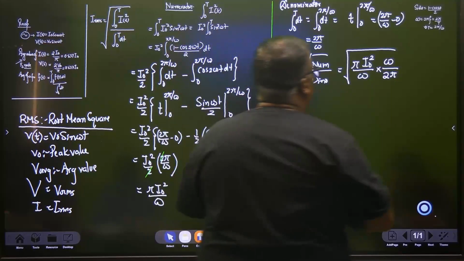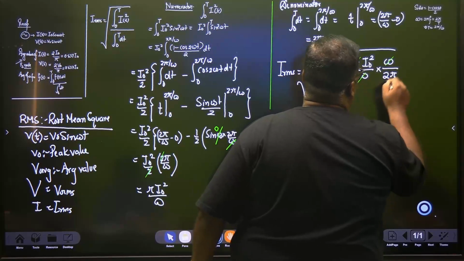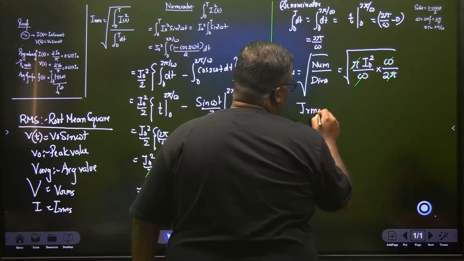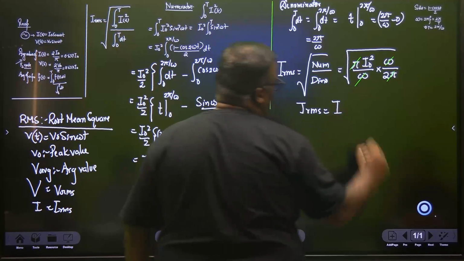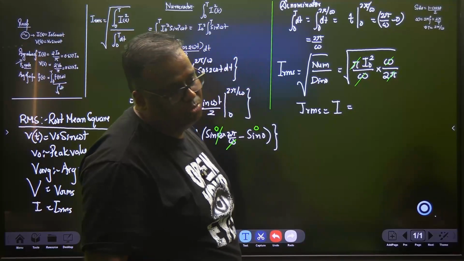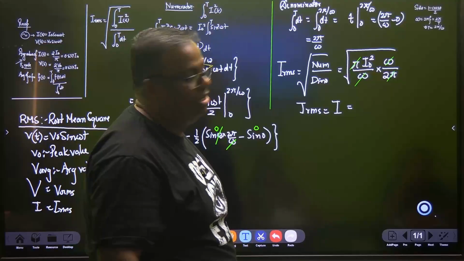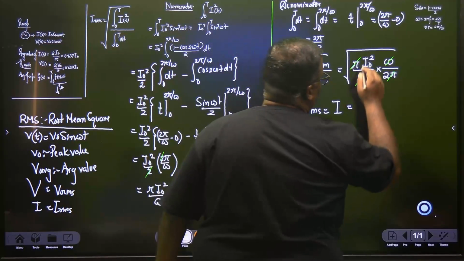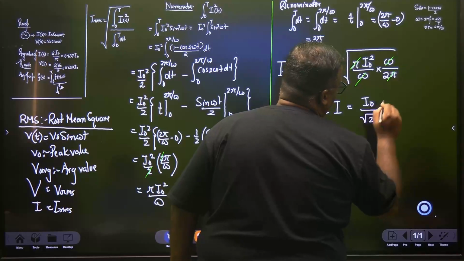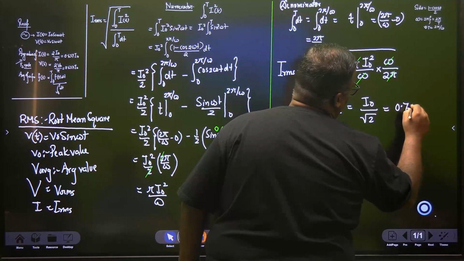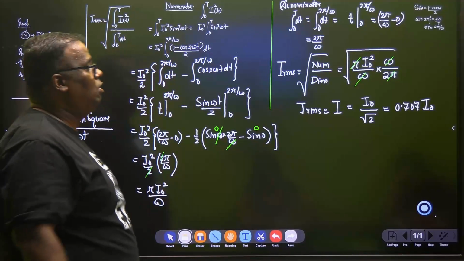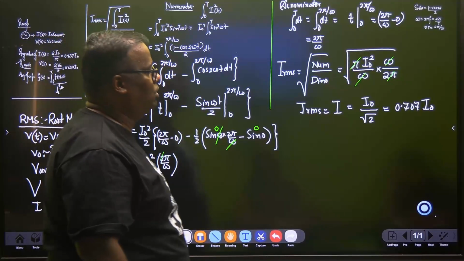So here also some interesting things happen. Omega goes, pi and pi goes. So we come to our IRMS value, which is very, very important for you. This will always be written as I. You know, in grade 10, when you used to do a heater consumes current I, that was IRMS all along. So IRMS is given by I naught square will become root I naught. And 2 will become root 2. This is equal to 0.707 I naught. So the RMS value is always 0.707 of I naught.